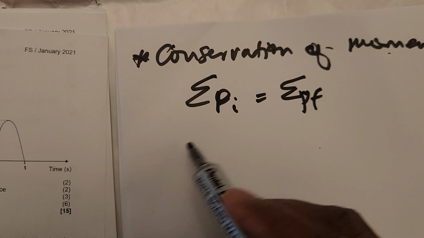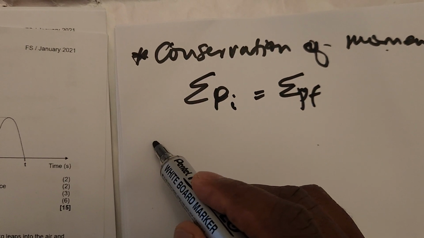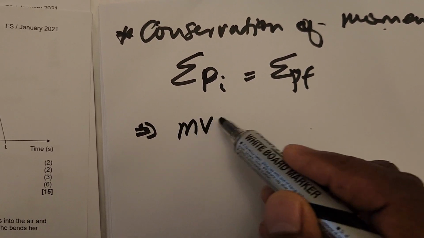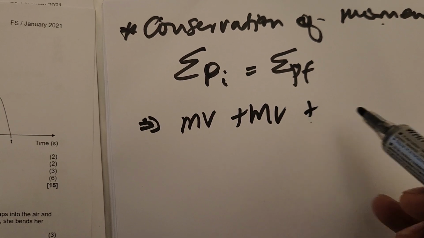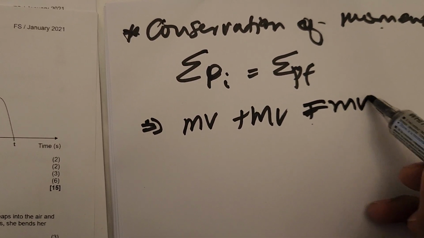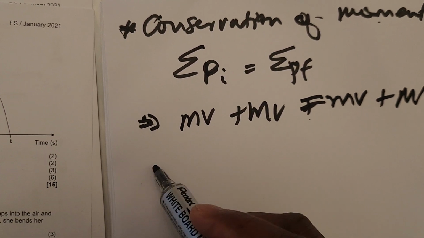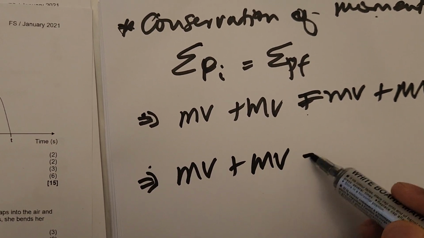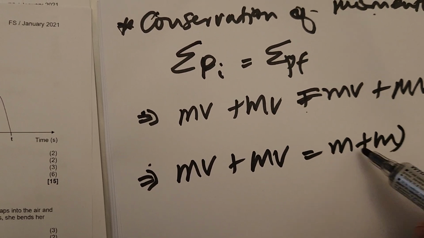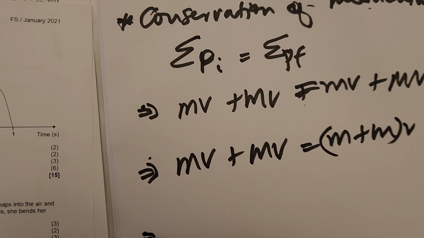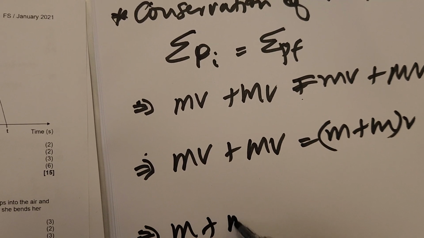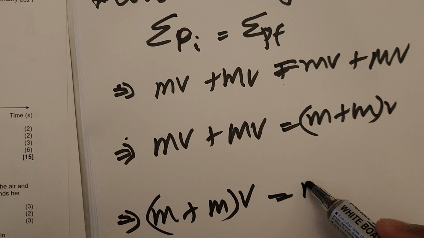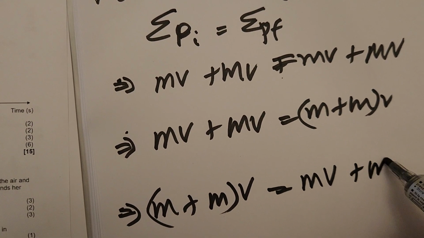The first scenario is mv plus mv equals mv plus mv. The second scenario will be mv plus mv equals m plus m all multiplied by v. The last one will be m plus m multiplied by v equals mv plus mv.